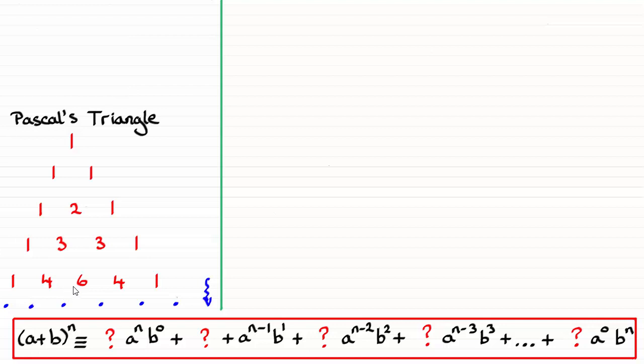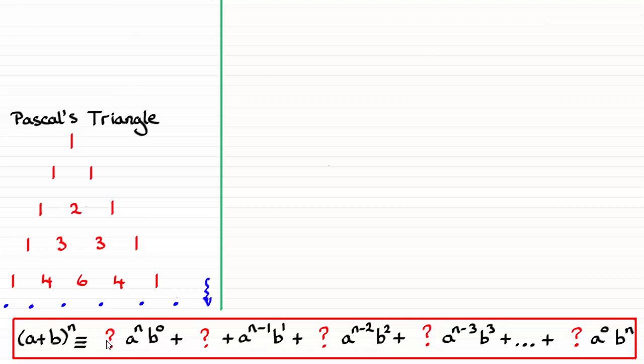Now there's a problem in using this method when it comes to large values of n. Suppose you had, say, something to the power 15. You're not going to want to keep expanding Pascal's triangle until you get down to the row that gives us the coefficients for the value 15.